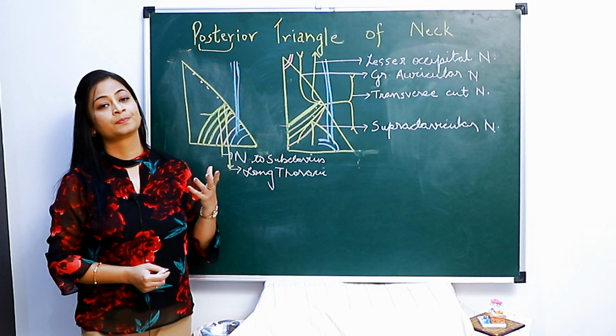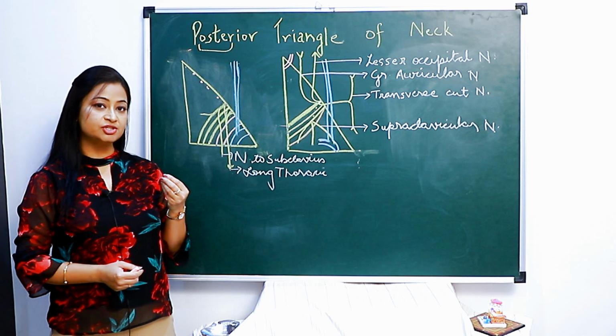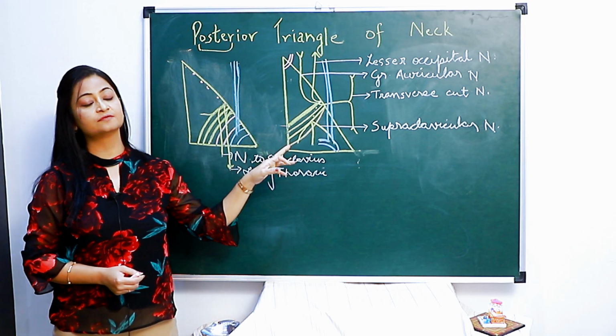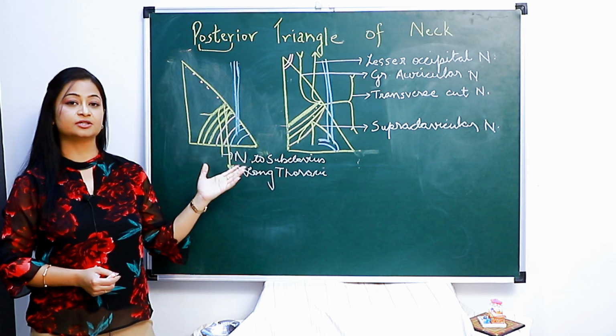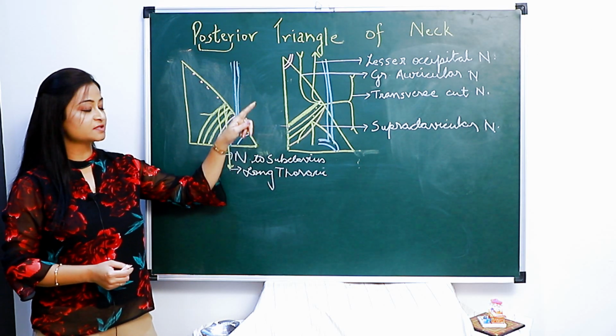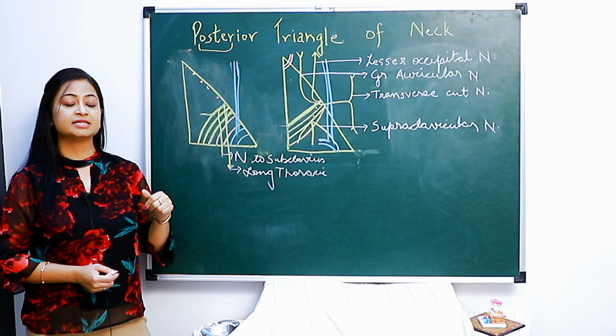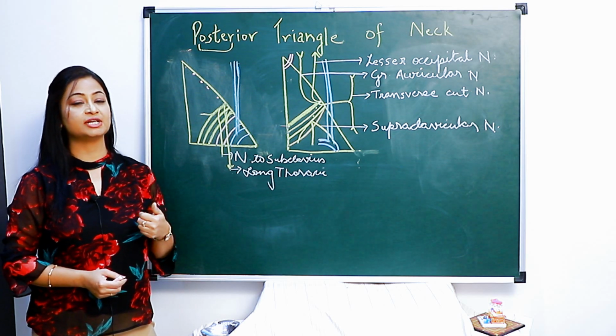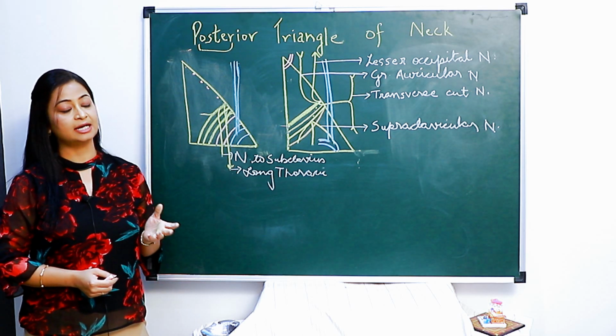So now you know that the nerve that is injured is the spinal accessory nerve, and the muscle that is paralyzed is the trapezius muscle. Remember this point. And the spinal accessory nerve is the most common iatrogenic cranial nerve injury that occurs.